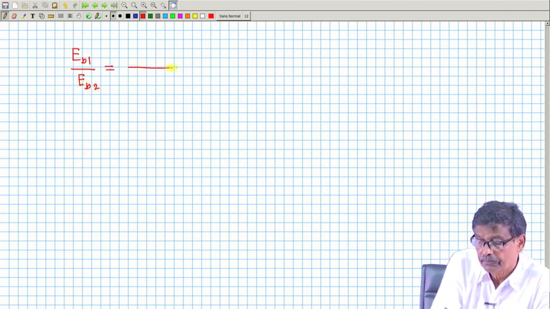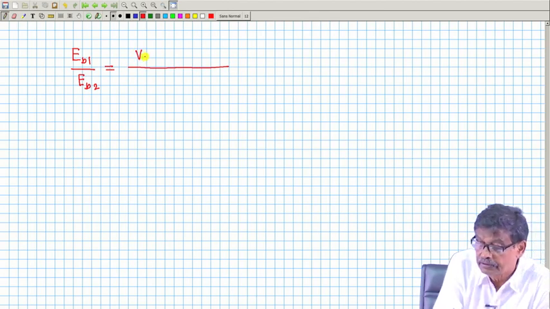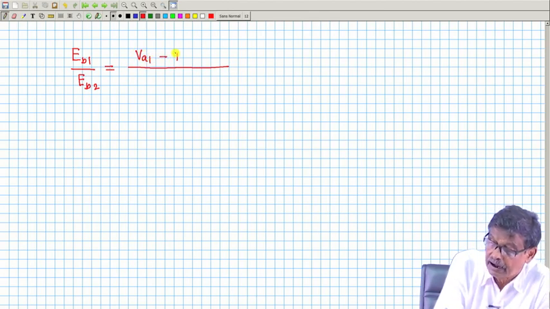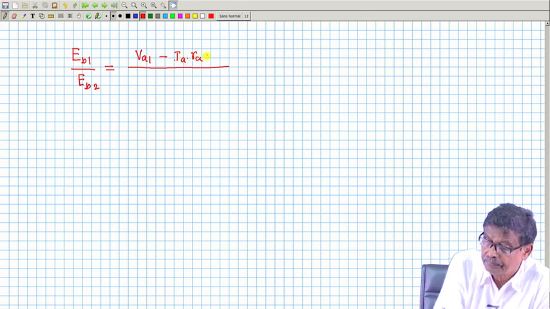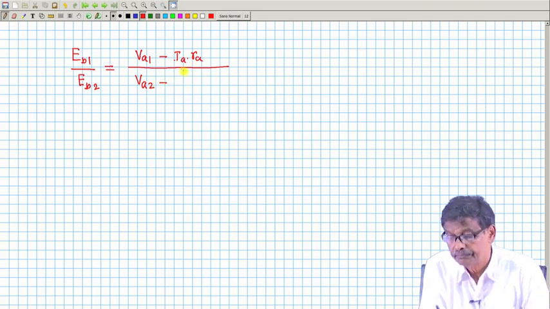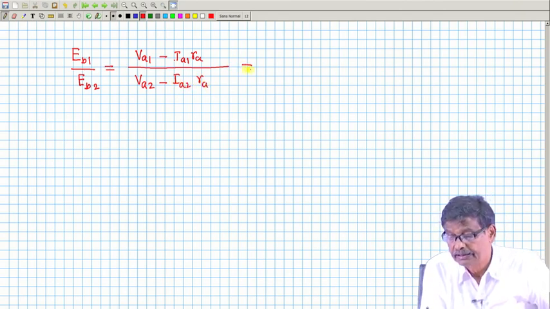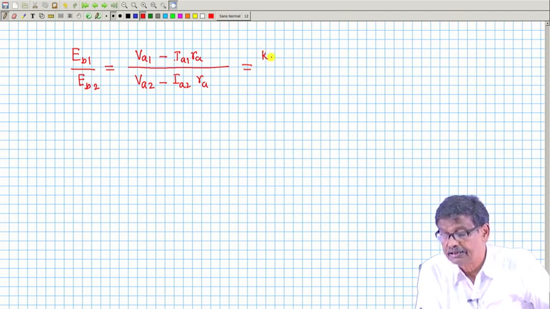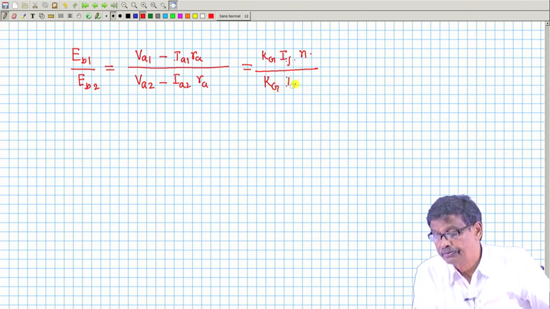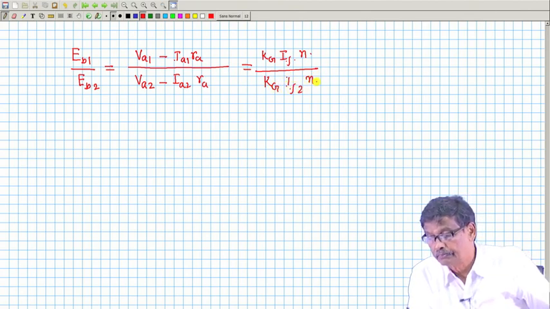This will be equal to VA1 minus IA1 RA divided by VA2 minus IA2 into RA, and this is nothing but Kg into IF1 into N1 divided by Kg into IF2 into N2.